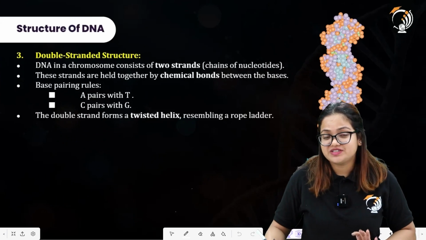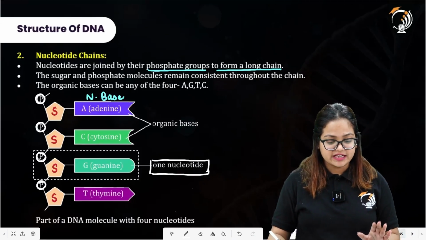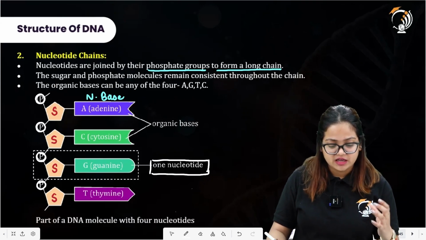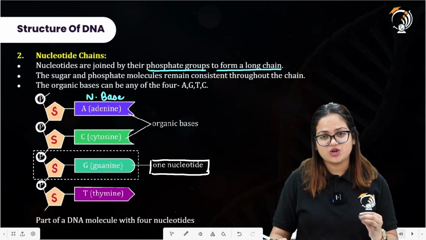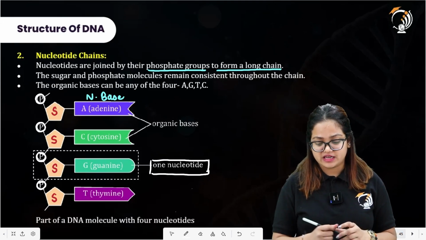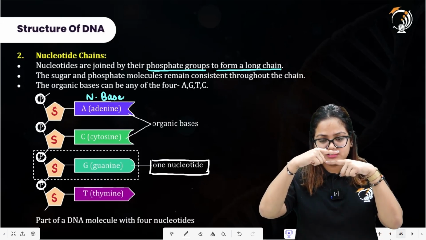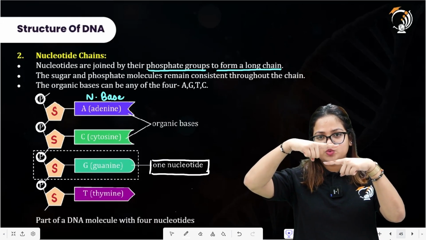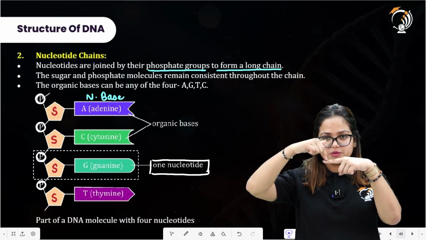DNA is a double-stranded structure. In the previous slide, we had a discussion about one strand of DNA. It is actually a double strand. Basically, one strand is there and another strand is there, these are the two strands of DNA. They are linked by hydrogen bonds between them.